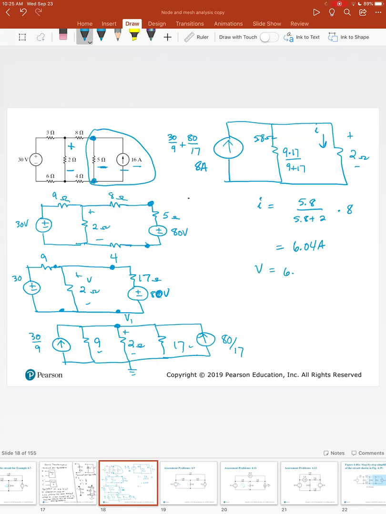Multiplying that, I can get the voltage, 6.04 times 2. I don't think that's what we got in the previous method of working the problem, so I'm guessing I made an algebra error, probably in the superposition, because this looks correct to me. Okay, so that is an illustration of how you would use source transformation.